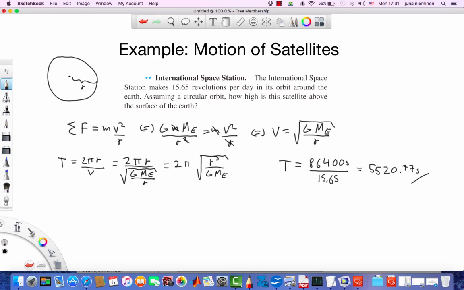Once we have that, we can use our expression and solve for the radius of the orbit. First of all, we raise everything to the second power to get rid of the square root.